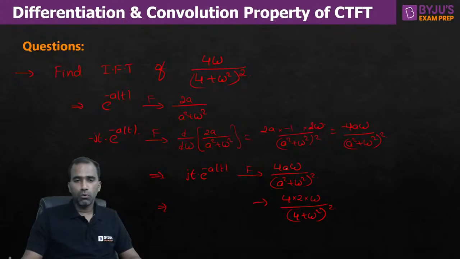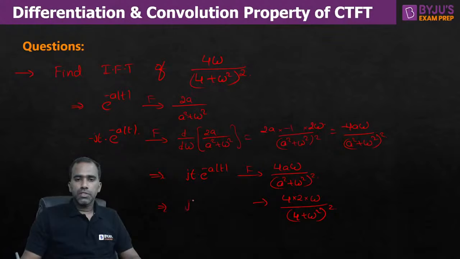A in the numerator can be adjusted, but if a is 1, the denominator should have 1 square, and it does not. So whatever is inside, we have to choose carefully. A should be chosen according to the denominator, because if a is chosen as 2, in the numerator it is not 2, but the constants we can adjust as we want.